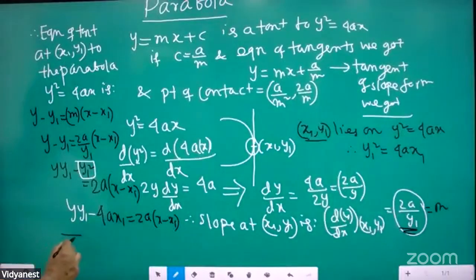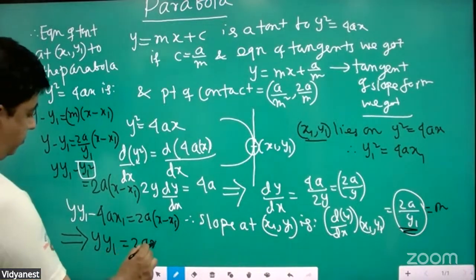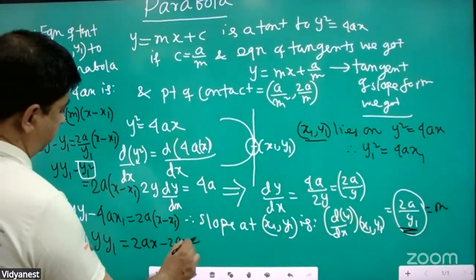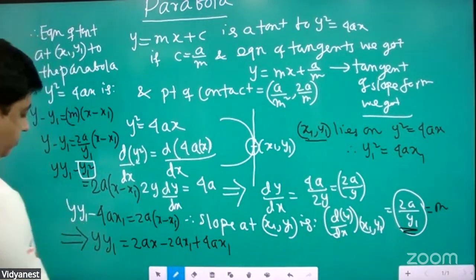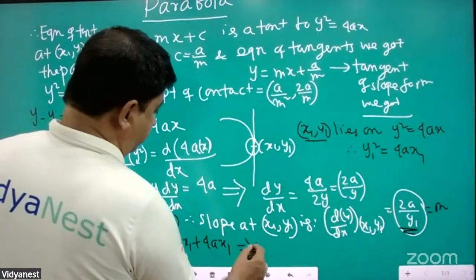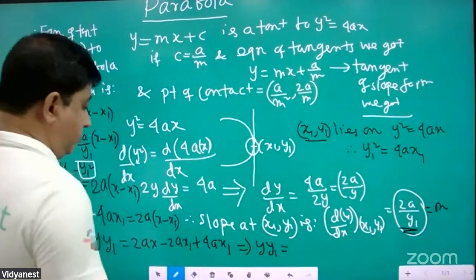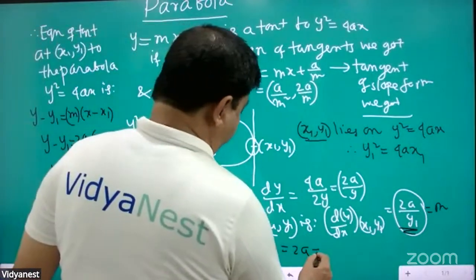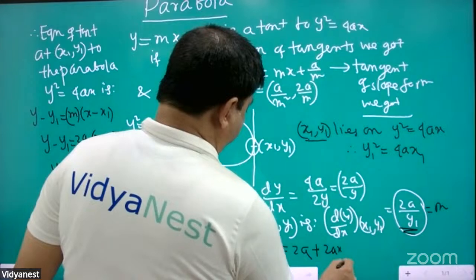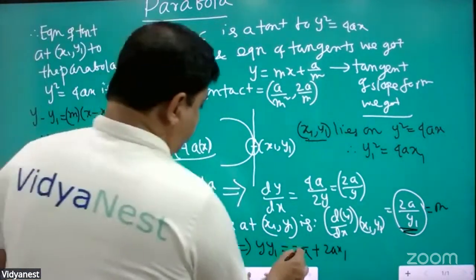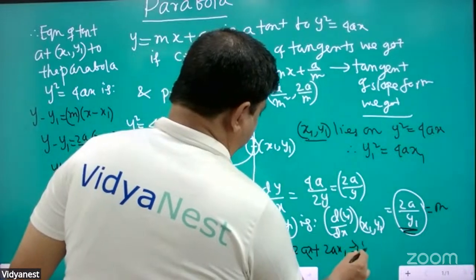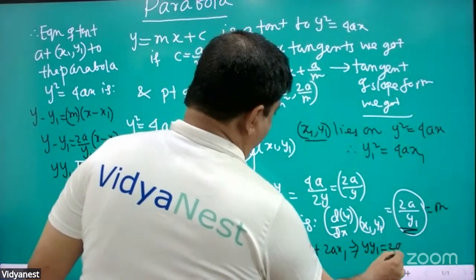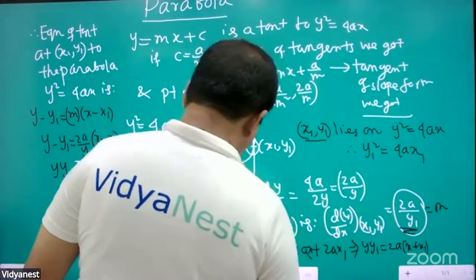Now, so that will give you 2a x - 4a x1 + 4a x1 - 2a x1, so y y1 = 2a(x + x1).